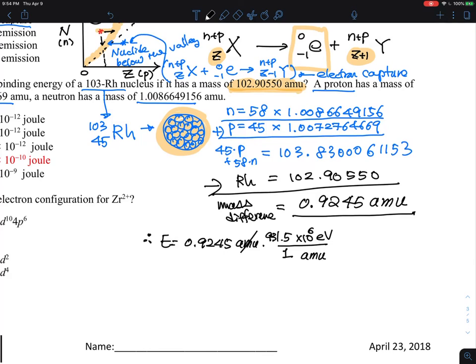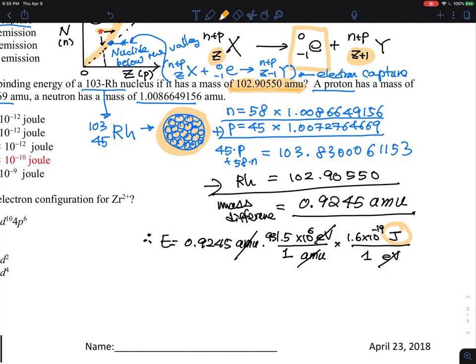By doing so, amu is gone and electron volt comes up. Then that can be converted into joules. 1 electron volt was 1.6 times 10 to the minus 19 joule. Yes, it was 19. Then this is gone, and what's the surviving term?